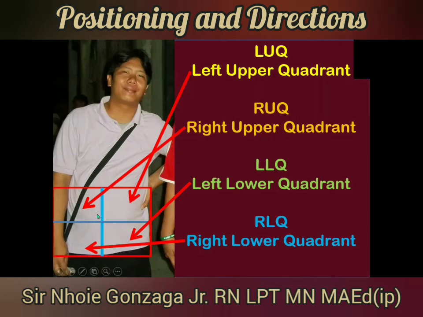So the purpose of these quadrants is that you can use them later on to describe which area of your stomach has pain, or which area has a sensation of bloating.